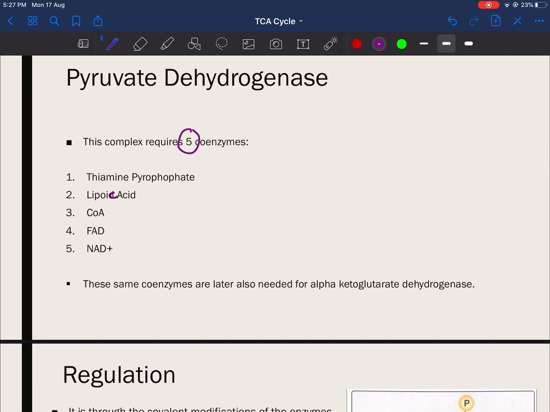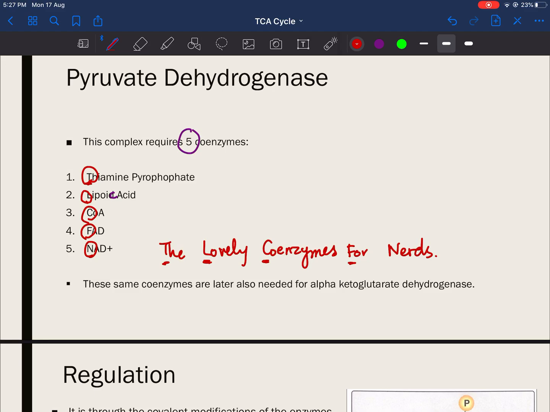If you take the initials of all of these, T, L, C, F, and N, you can come up with this mnemonic: the lovely cofactors, or coenzymes actually, for nerds. There you go. So this has the initial of all of the 5 coenzymes. This is just a mnemonic to make it easier for you to remember.